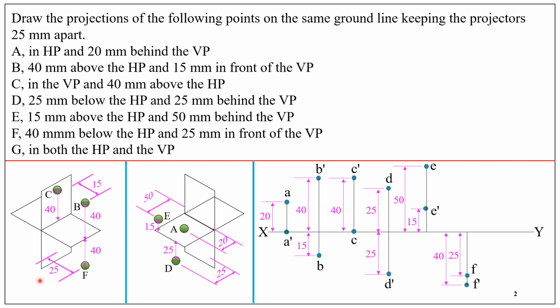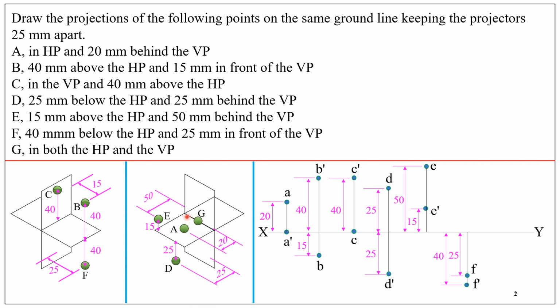And finally, point G, which is in both HP and VP. That means it is lying on the reference line, that is the XY line. What is that XY line? A line obtained by the intersection of the vertical plane and the horizontal plane.